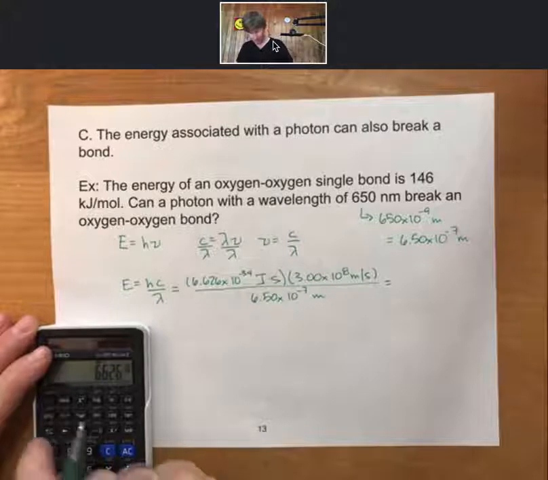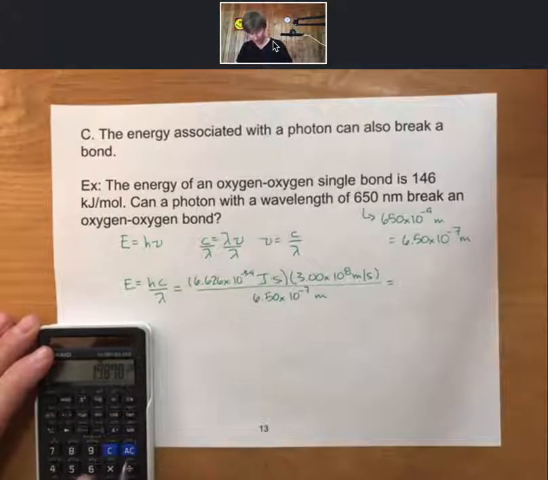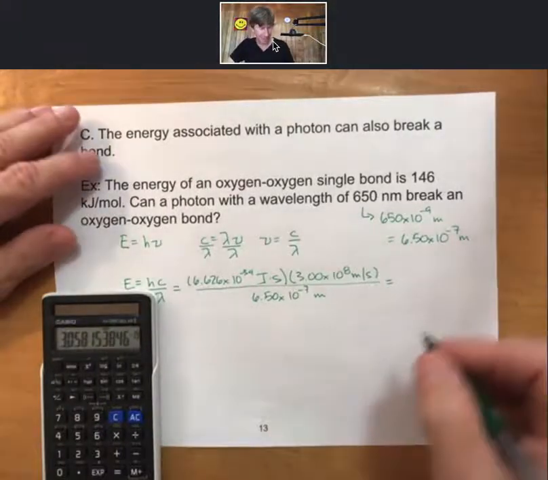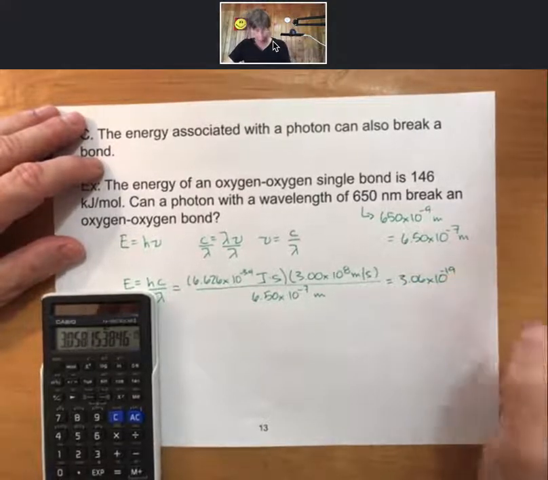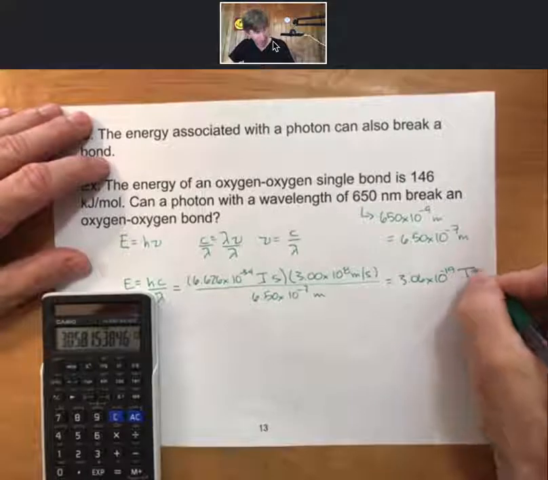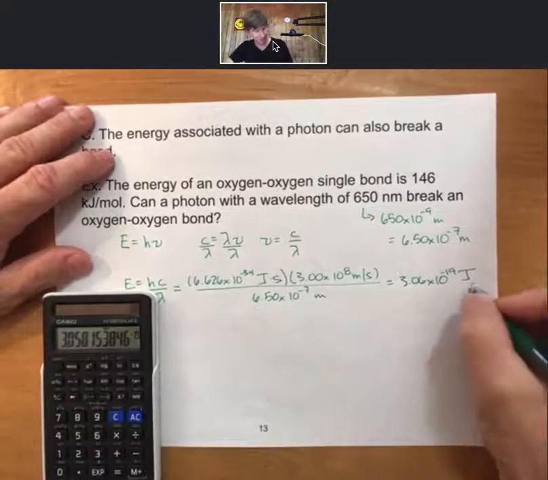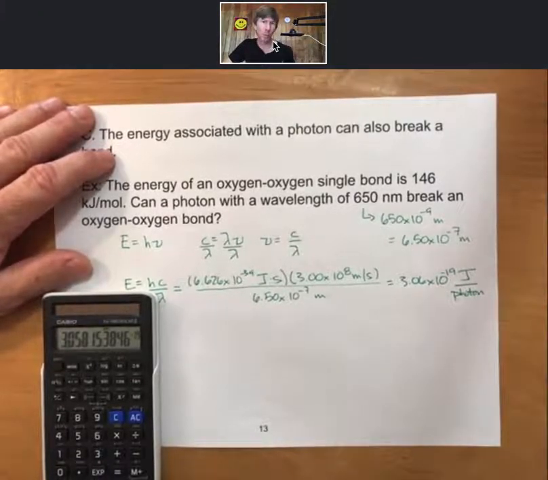6.626 to the negative 34th times speed of light divided by the wavelength, I get 3.06 times 10 to the minus 19. That's joules. That's the only set of units we get from this calculation, but as we mentioned just prior, that is the energy of 1 photon, so joules per photon.